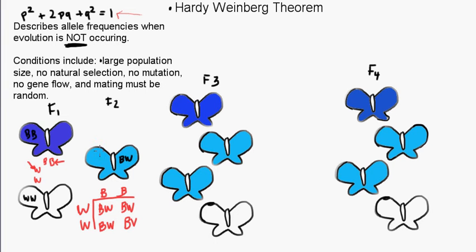But as you can see, there's still 50% of the alleles that are B and 50% that are W.